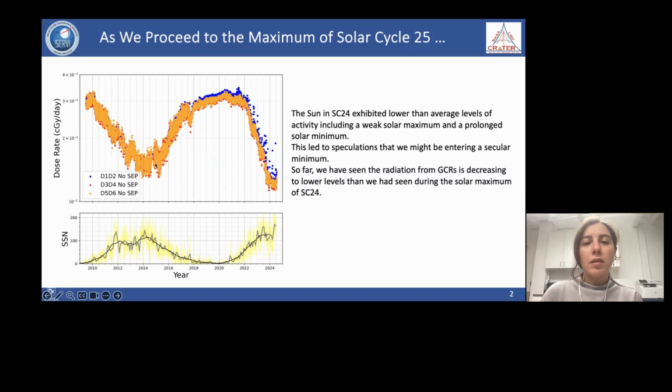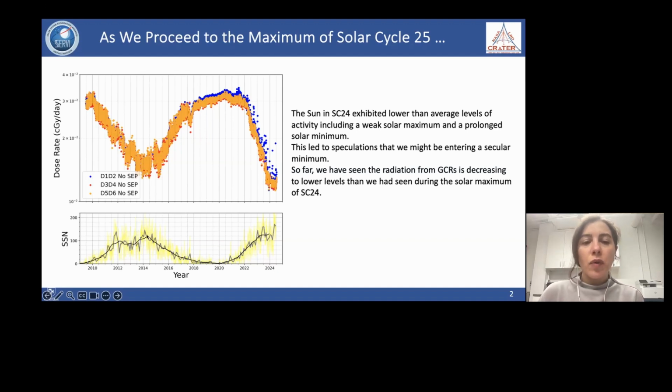And then we see the current dose rates. These are the most updated dose rates up until a week ago. And you see how that reaches values even lower than what we had observed during the maximum of cycle 24.